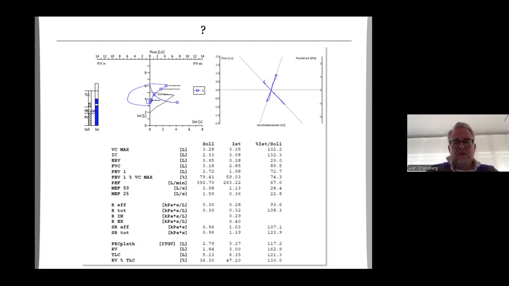But if you really want to divide between an obstructive and a restrictive volume disorder, or if you want to say something about the lung function test, I think a CT scan is not the right device to do so. A lung function test is much more sensitive for those questions.